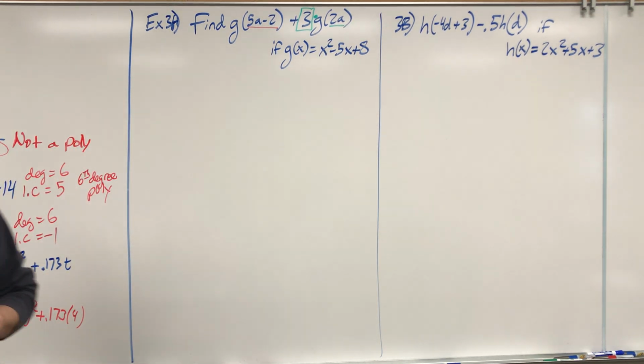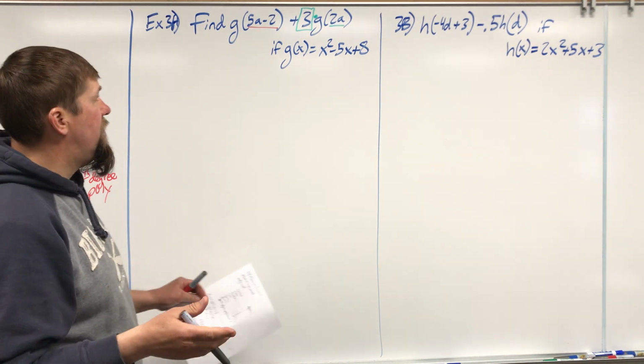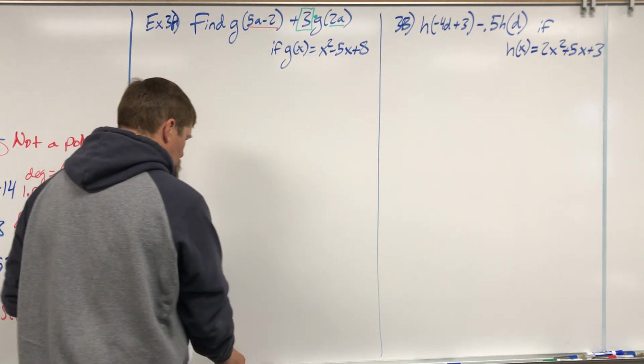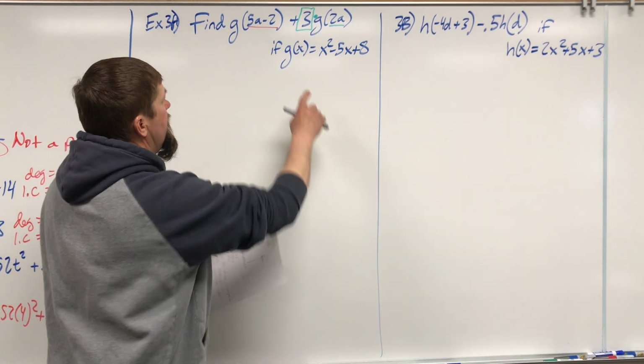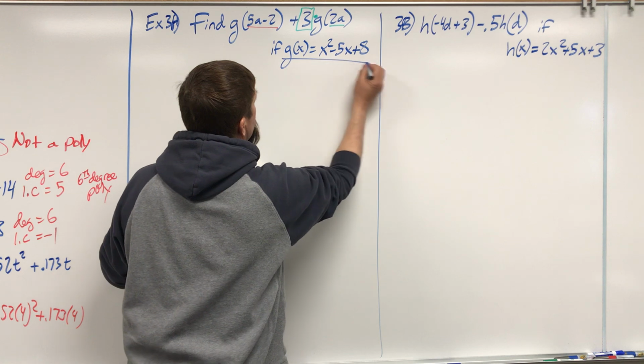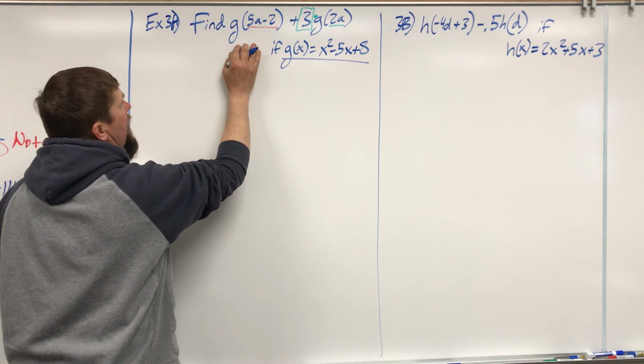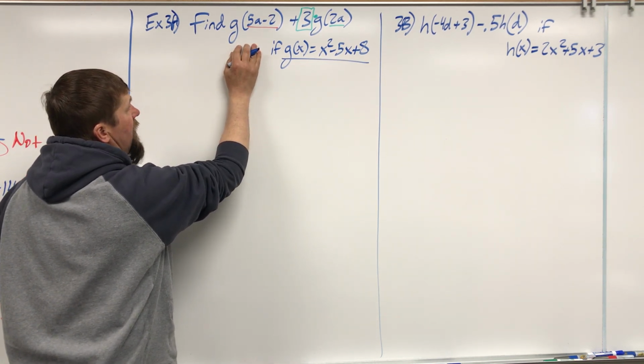Well, what the g means is just that it's the g function. So we have a g of x function right here. This is our g of x function. So what we're basically doing is we're finding g of 5a minus 2.